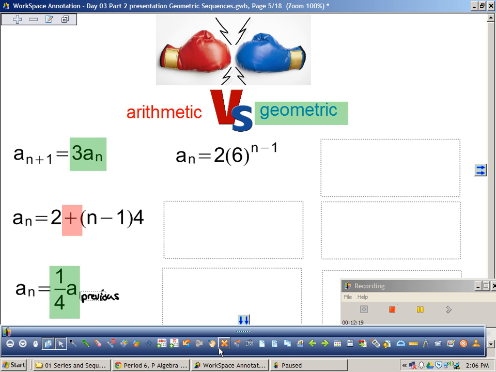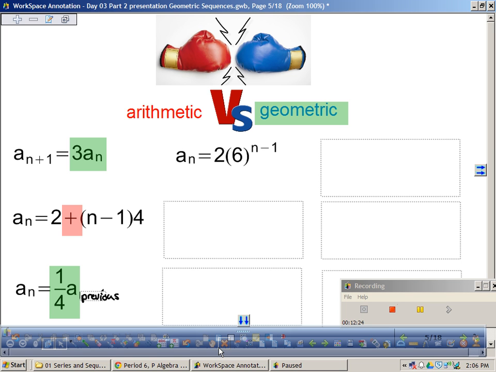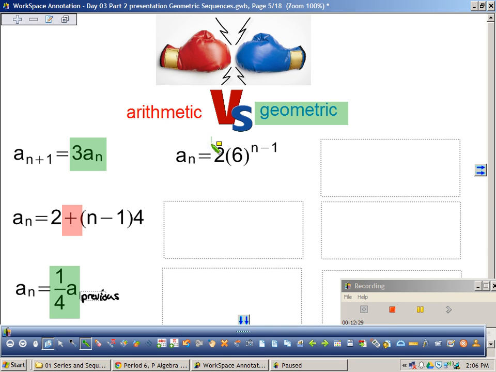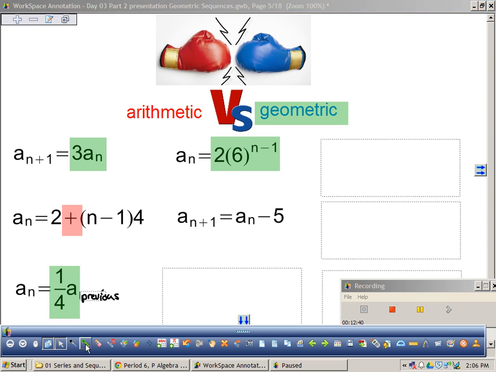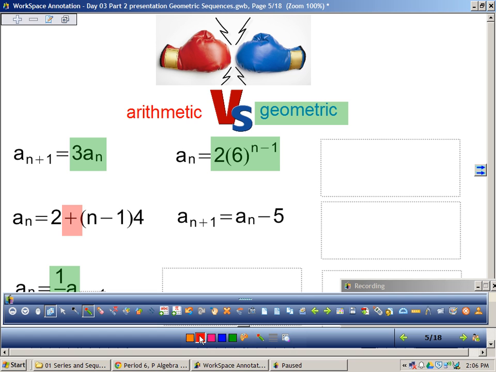Is that arithmetic or geometric? We should be able to do this a little bit faster because you guys are doing good. Awesome. That is multiplication. Another one. Better. It's got a subtraction sign there, so that one is arithmetic.